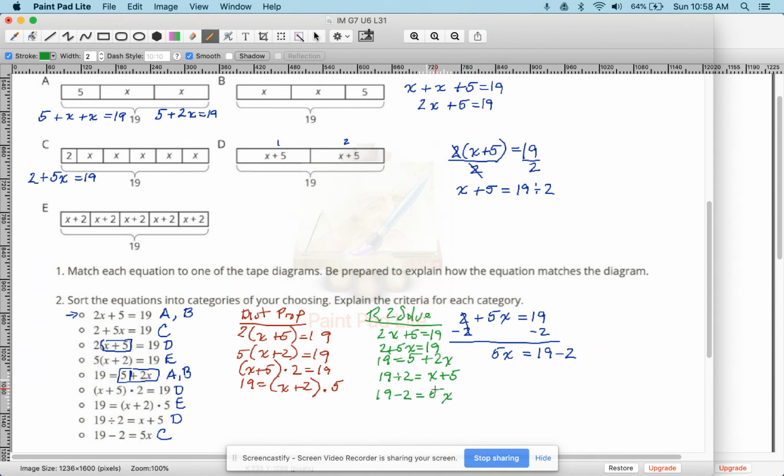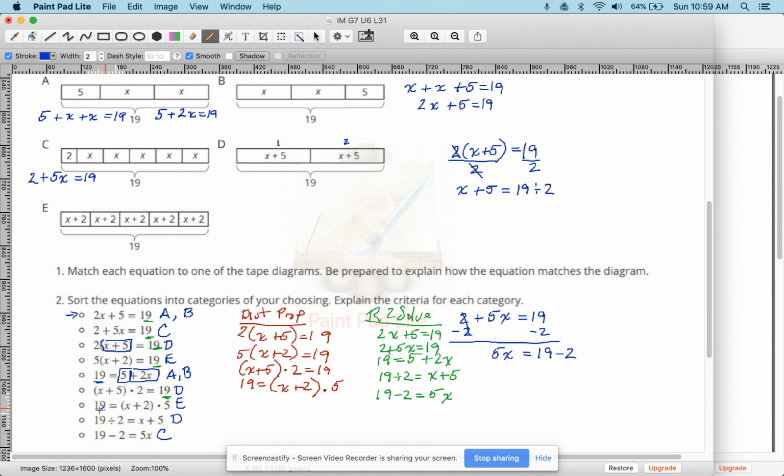So one of the ways you could sort those is equations that need to use the distributive property, and then equations that don't use the distributive property. Another way that I see there's different equations is some of these have the 19 on the right side, like these, and then others have the 19 on the left side.